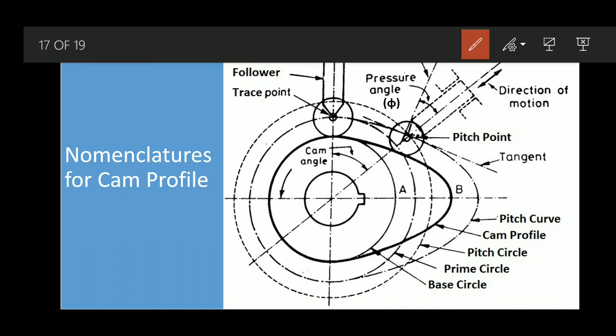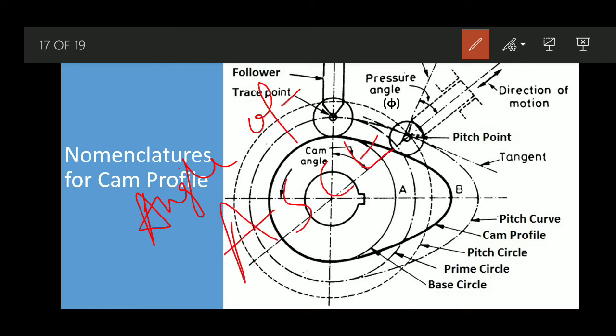We can consider the time of rise, the period of dwell, and the period of return. Similarly, we can have angles like the angle of ascent. Ascent means upward, going up.